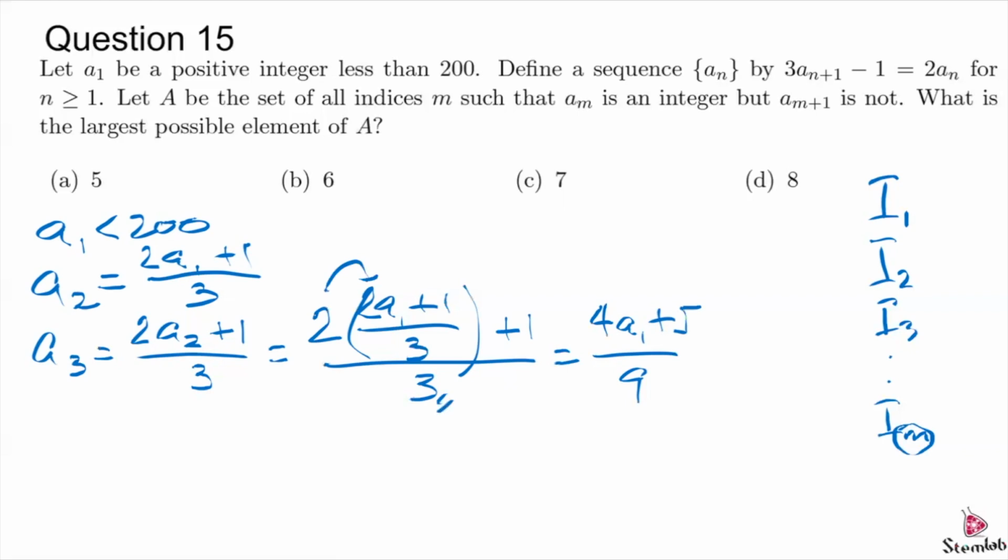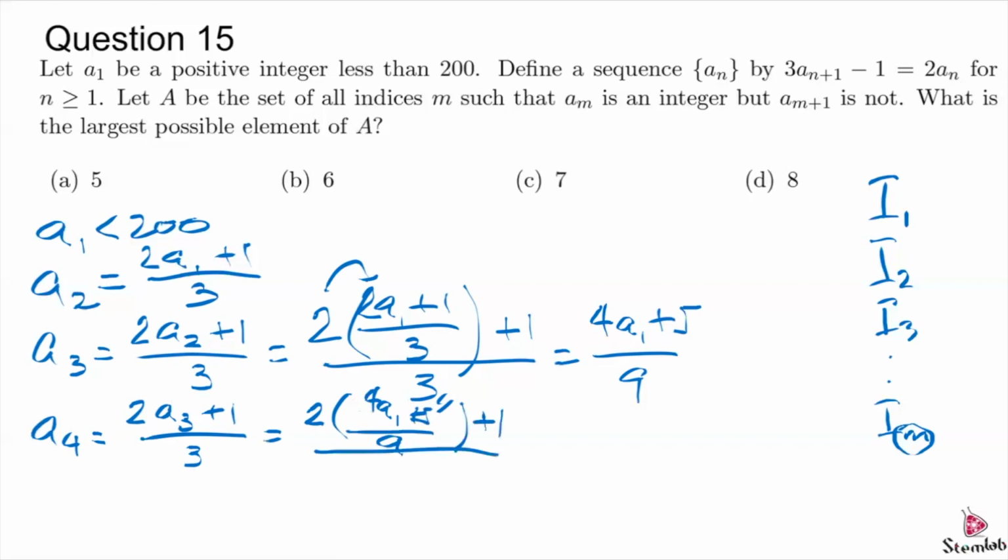So a sub 4 is, again, 2 times a sub 3 plus 1 all over 3, which is twice 4a sub 1 plus 5 all over 9, plus 1 all over 3.